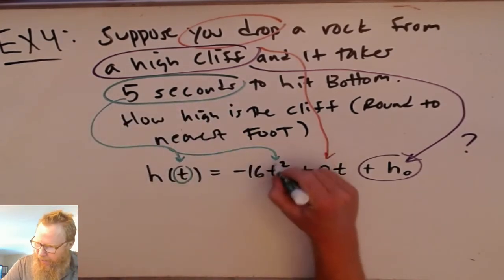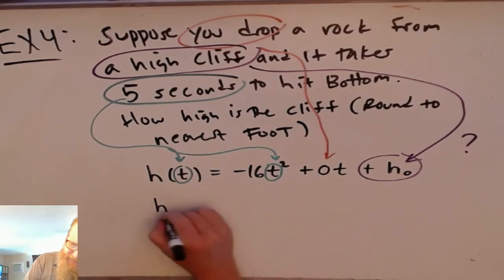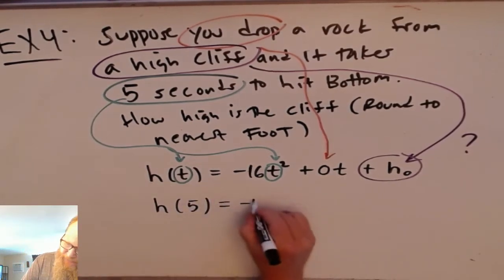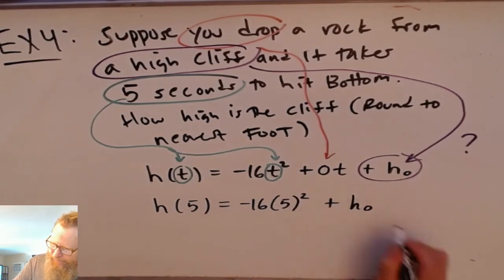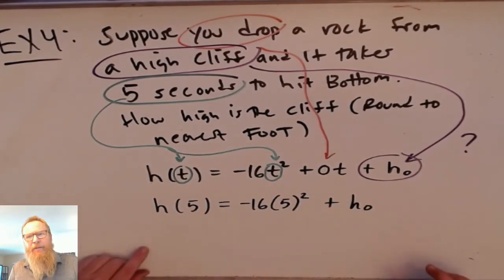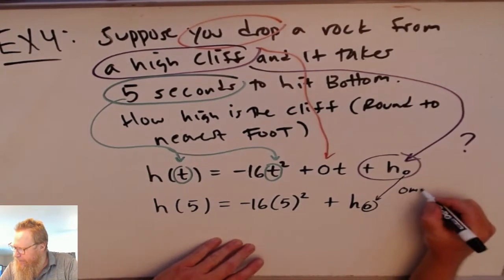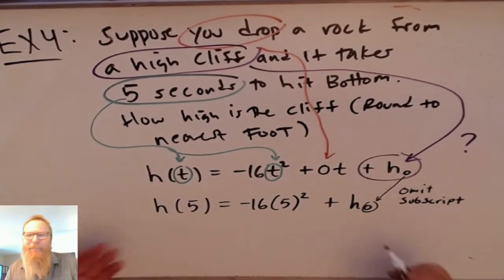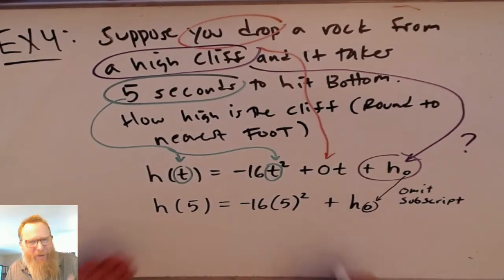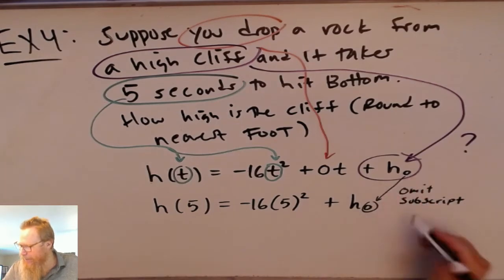So we can plug in 5 everywhere there's a t. And typically we omit the subscript, mainly because I don't want to have to write H0, H0, H0, H0. But you certainly can keep it if you like.